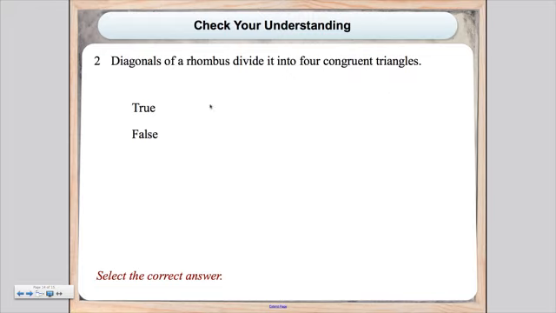Is that true or false? Discuss it as a class and then unpause the video when you're done. You got it. It is true. For those of you who said false, that is not the correct answer. It does divide into 4 congruent triangles, also called equilateral triangles.